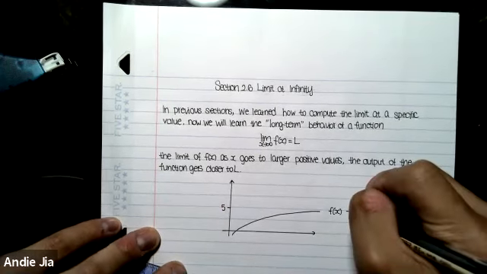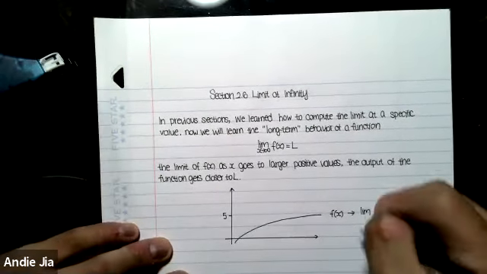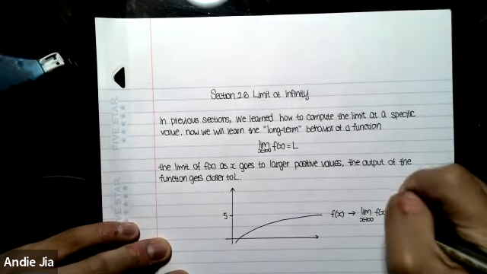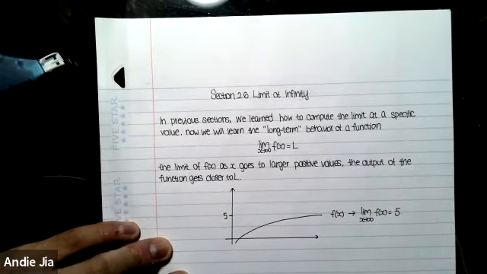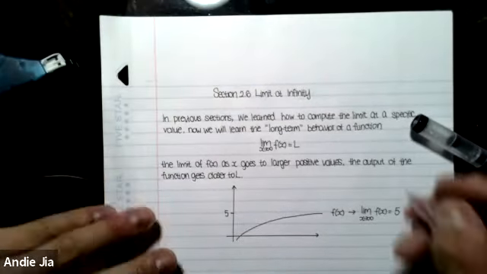So we can say that the limit as x approaches infinity of f of x is 5. It's a horizontal asymptote.